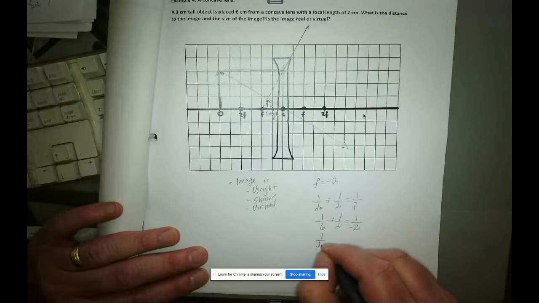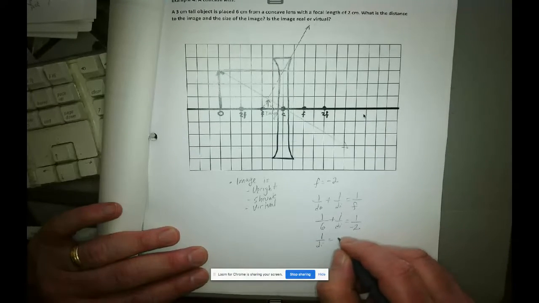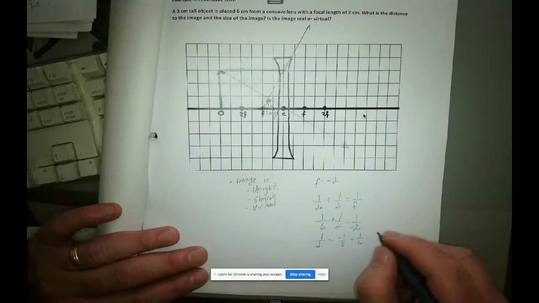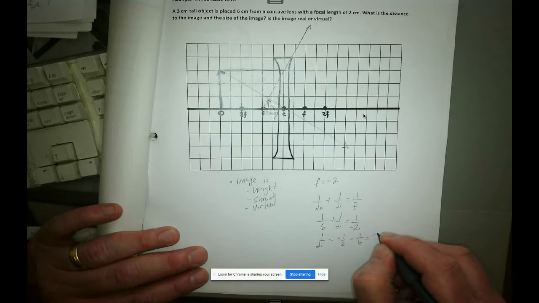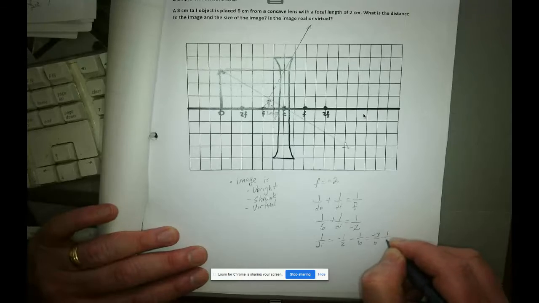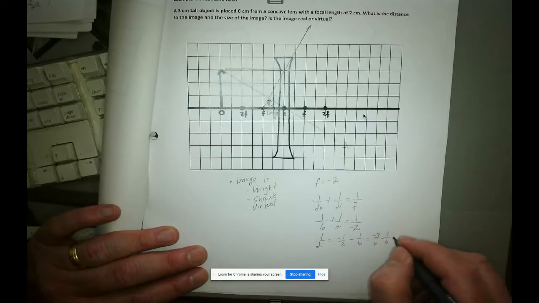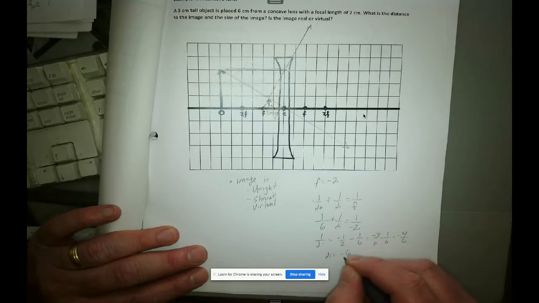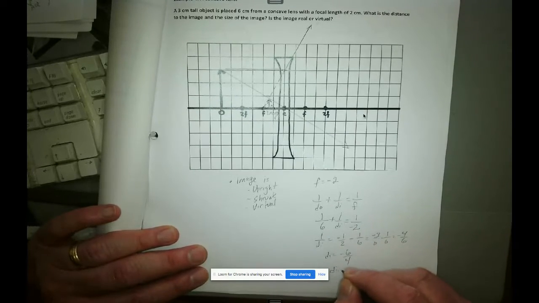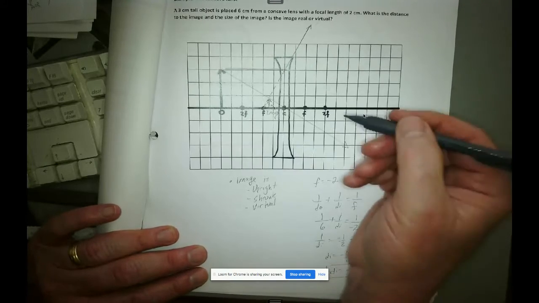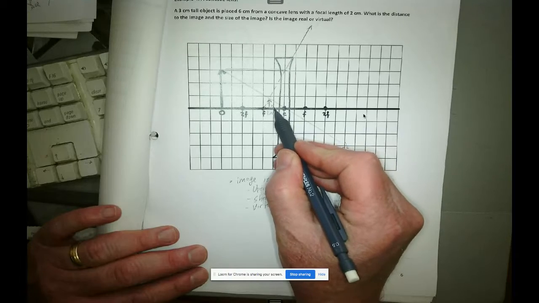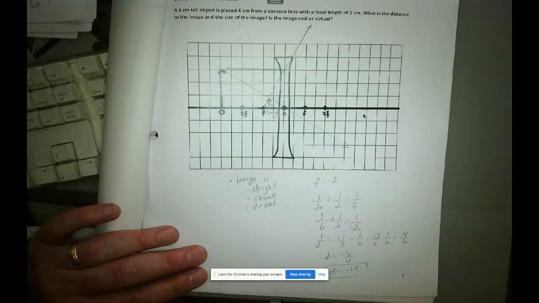So 1 over di is going to equal minus 1/2 minus 1/6. So minus 3/6 minus 1/6 is minus 4/6. So di is going to be minus 6 over 4. Di is minus 1.5. Again, minus means it's on this side, and this turns out to be almost exactly the right spot. There's minus 1, minus 1.5.